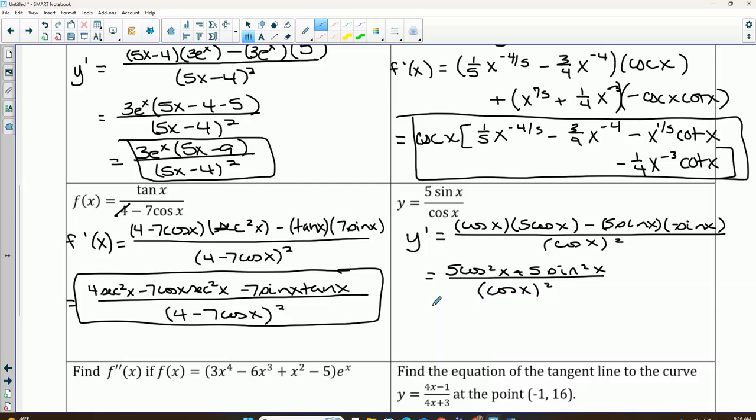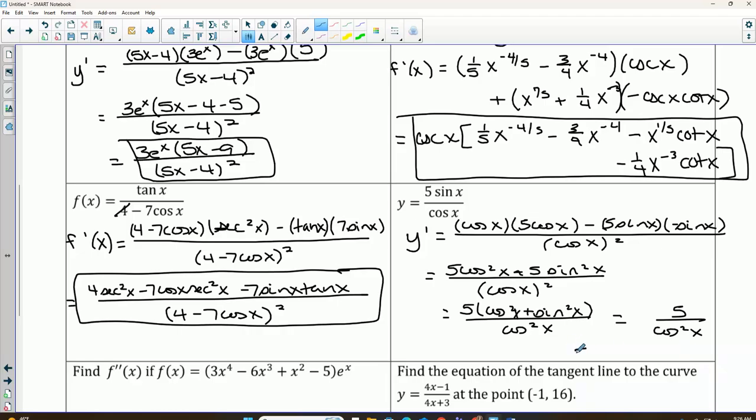Is there anything we could do on this one? Yeah. If you take a 5 out, you're left with cosine squared x plus sine squared x. What's cosine squared plus sine squared? So 5 times 1 is 5 over cosine squared x.